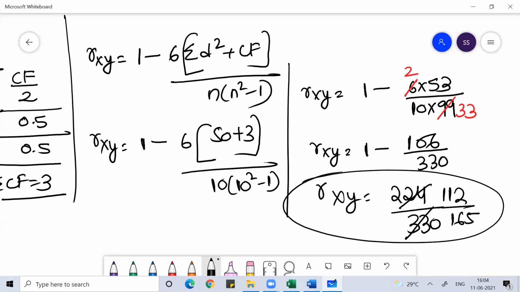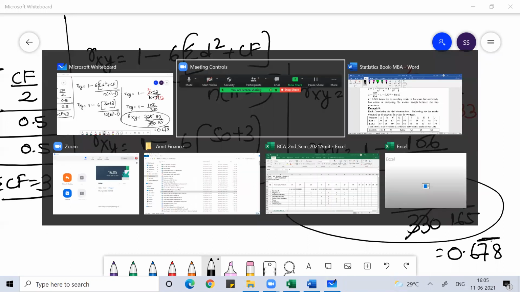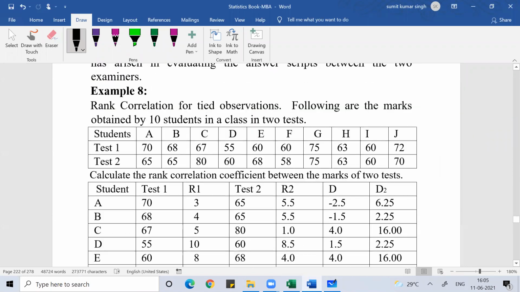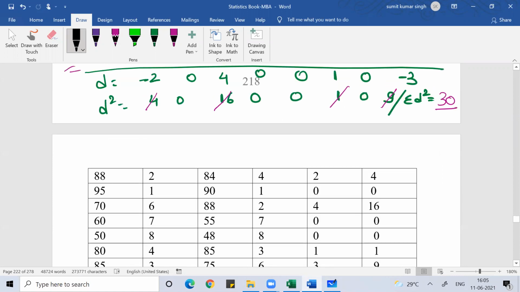If I use a calculator and find 112 divided by 165, it is 0.6787878. This is the answer. So you can see this. Anyone, any doubt?